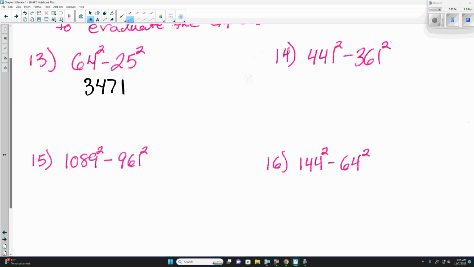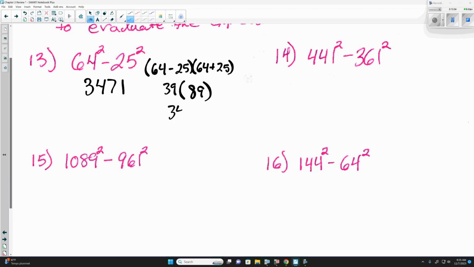Because, I mean, we went through the original method because it is a difference of perfect squares. We could have written it as, I will write this out, you don't have to write this, as 64 minus 25 times 64 plus 25. And for most of us, we would then go grab the calculator, do 64 minus 25, and get 39. 64 plus 25 is 89.